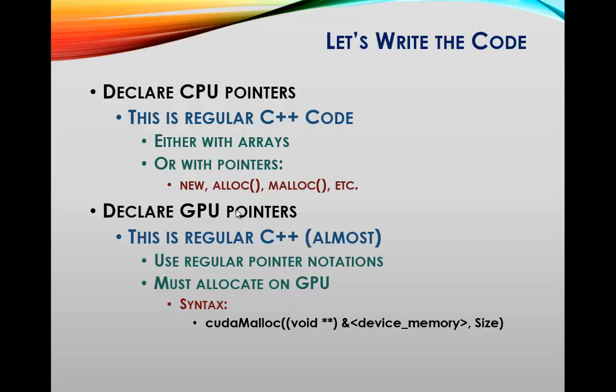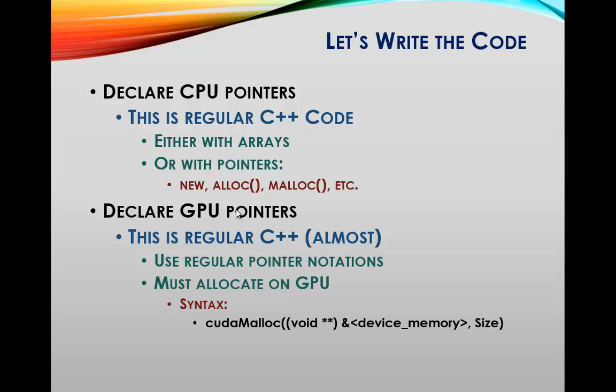Or you can use pointers, which we will use in this class, and you can either use alloc, malloc, or the new keyword in standard C or C++ to declare memory dynamically.